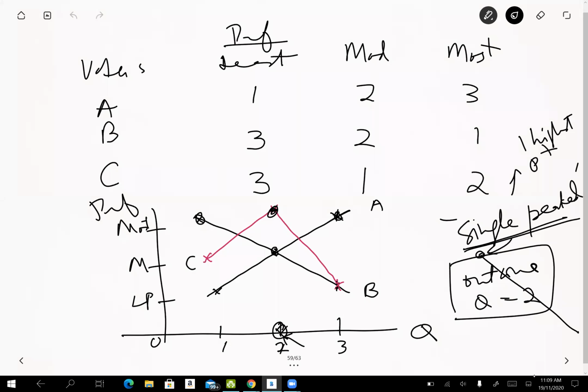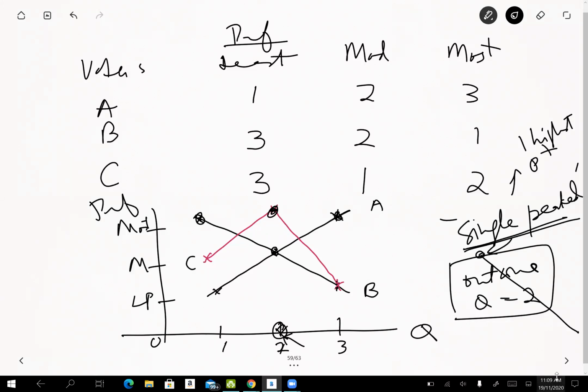If you look at C, his most preferred choice is 2. You look at A, his most preferred choice is 3. You look at B, his most preferred choice is 1. So voter C's most preferred choice is in the middle of all others' most preferred choice. So C is the median voter.